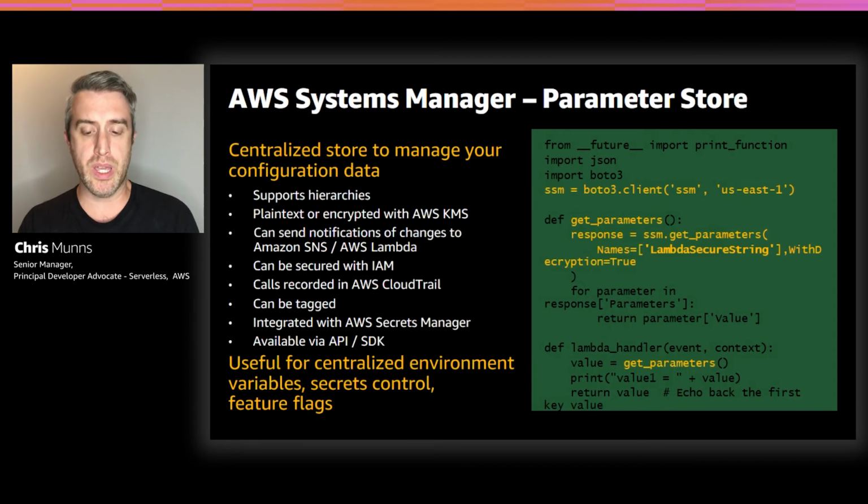They work very similarly. Secrets Manager has some added capabilities around key and credential rotation and integration with a number of AWS database services. But in general, these are services that can be configured to be accessed from multiple Lambda functions, from container-based applications, from EC2-based applications.